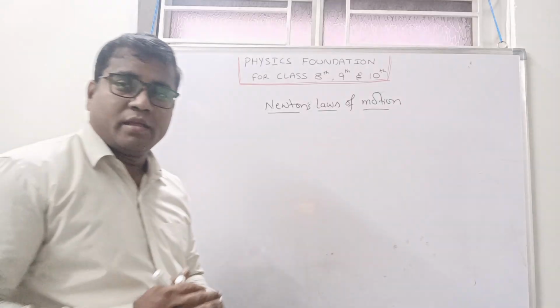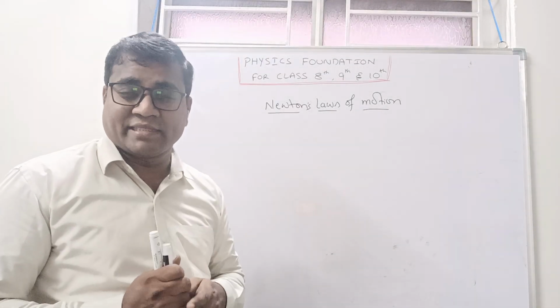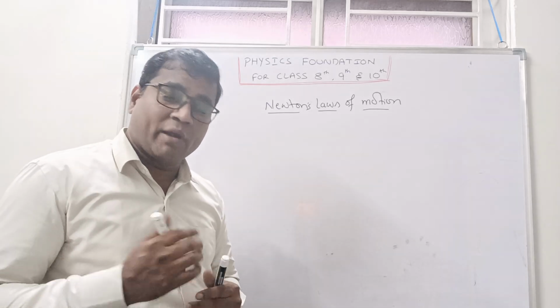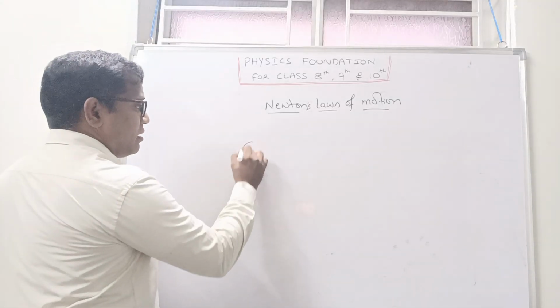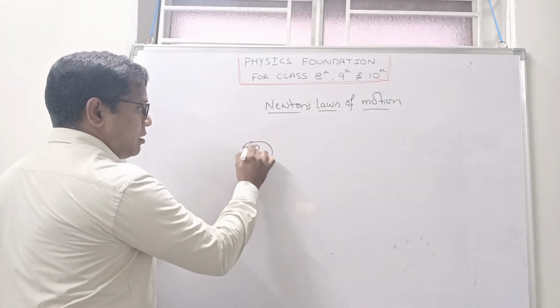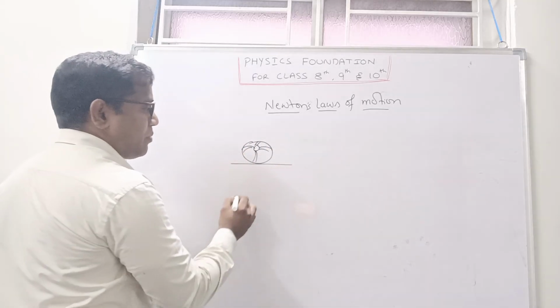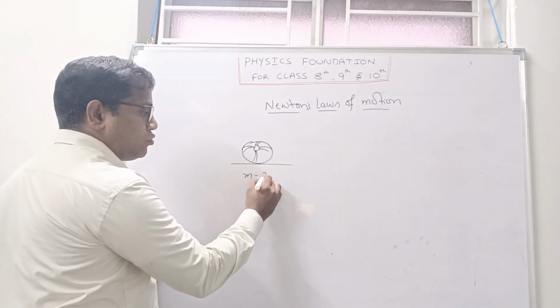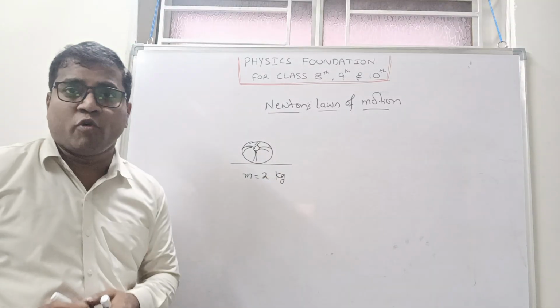Now see here, up to now we discussed when one force is acting, so we calculate the acceleration, right? But every time we will not ask one force. For example here, again the same ball is there, and for example mass is 2 kg. Here two forces are acting.